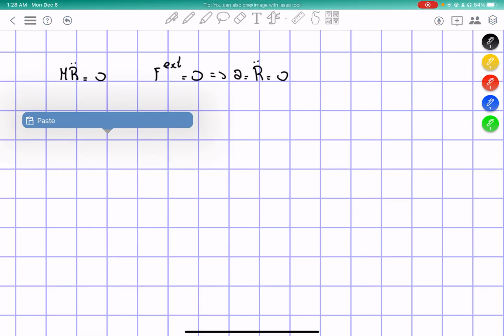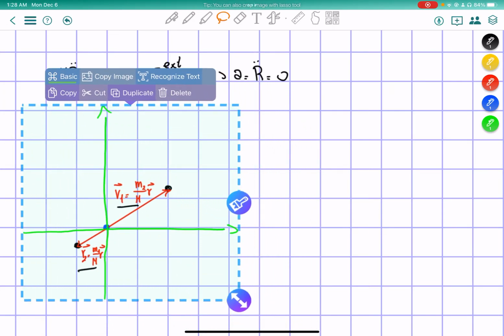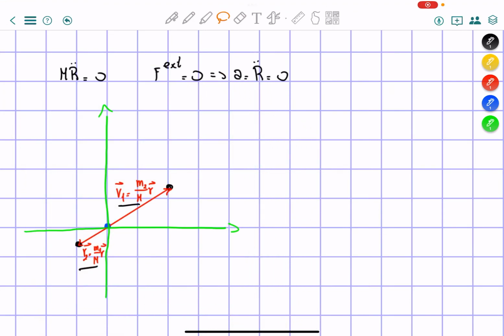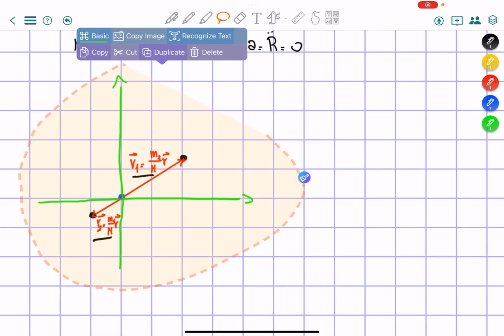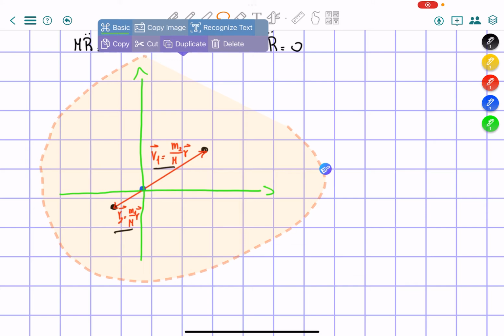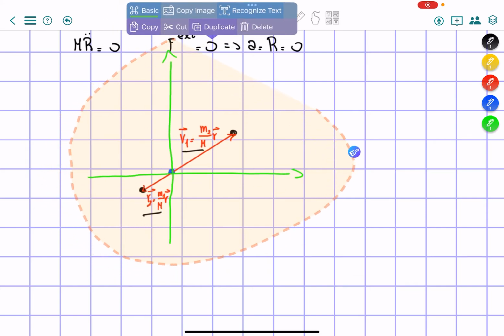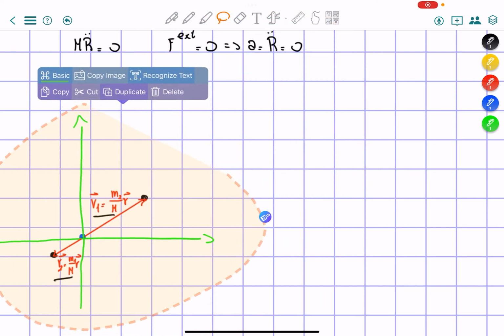Now, why is the central mass acceleration 0? Well, because if we imagine something like this, and we have the center of mass at the center, then with an inertial reference frame, as the center of mass moves without accelerating, we can move our inertial reference frame wherever the center of mass goes.